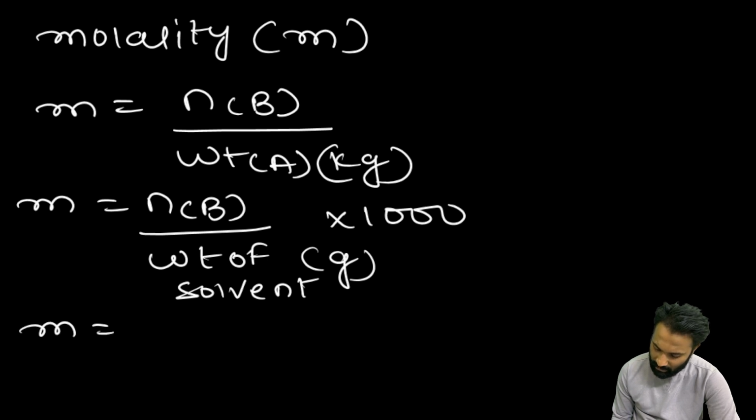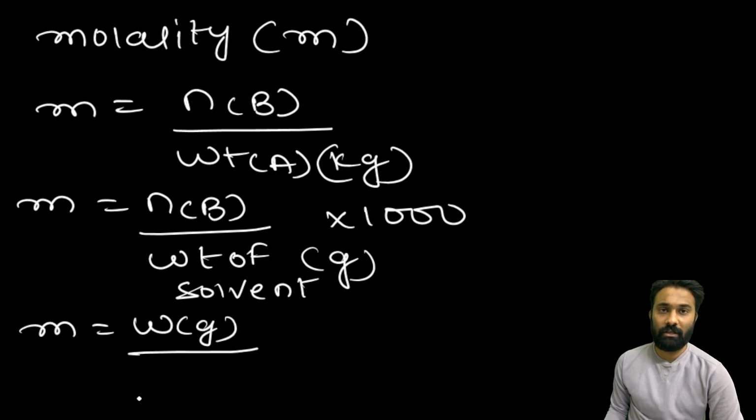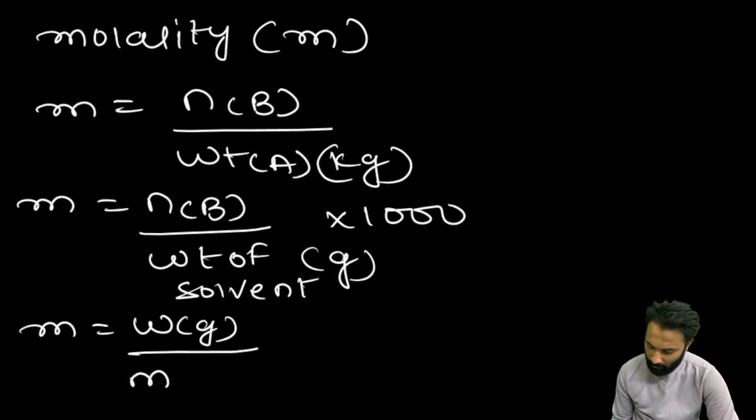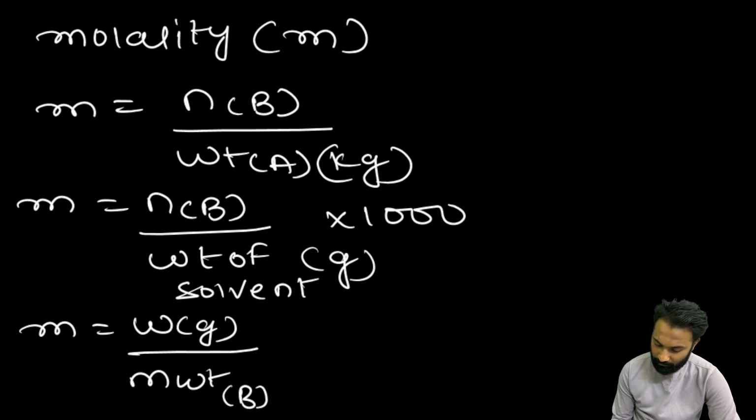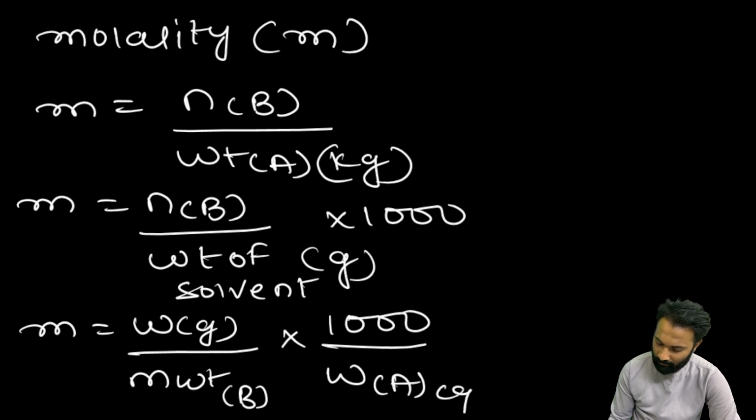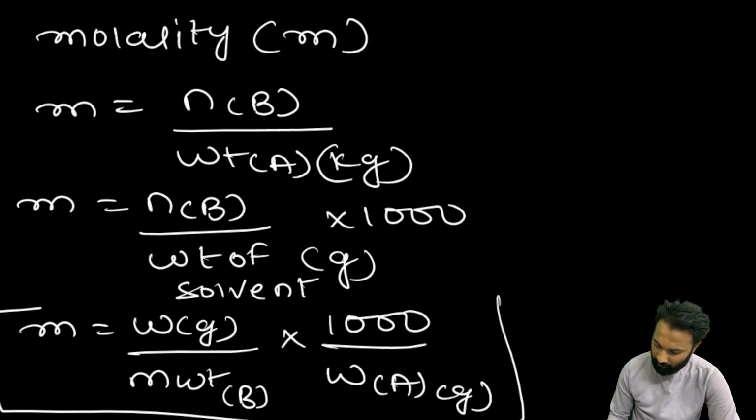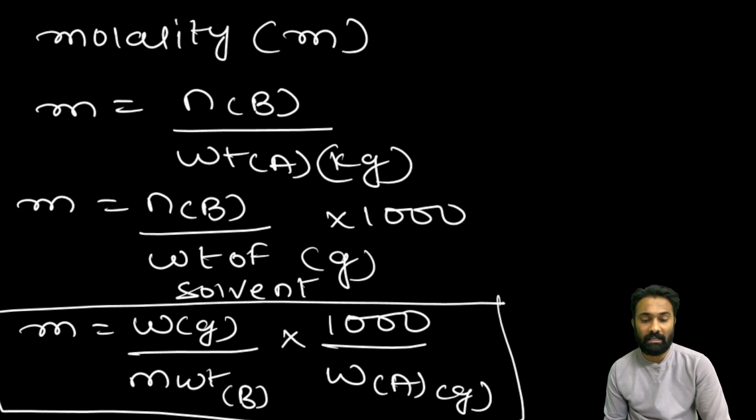Molality is equal to weight of solute in gram by molecular weight of solute B, into 1000 by weight of solvent in gram. Clear? This is one very important formula of the molality we are having.